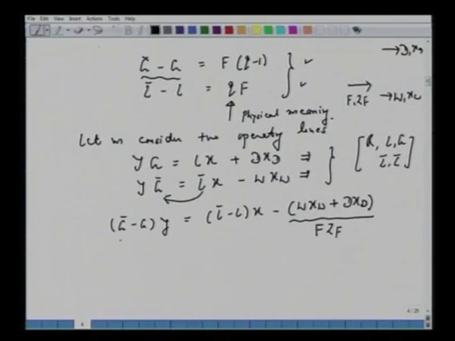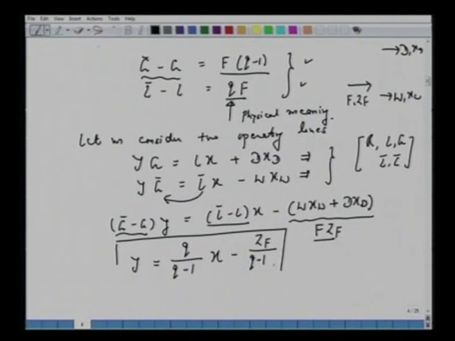That means G bar minus G, recall we can write F(Q minus 1). L bar minus L we can write as QF, and this term we are writing as zF. So as an exercise, just takes a minute to rewrite this equation as y equal to Q by Q minus 1 x minus zF over Q minus 1. All right.